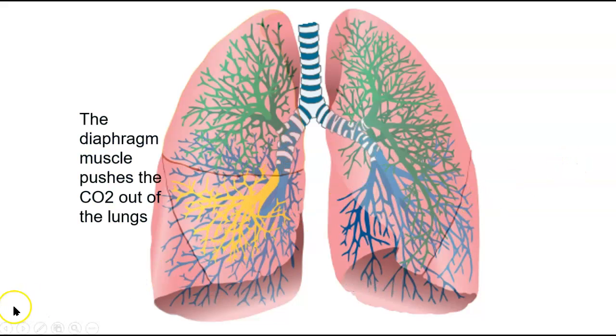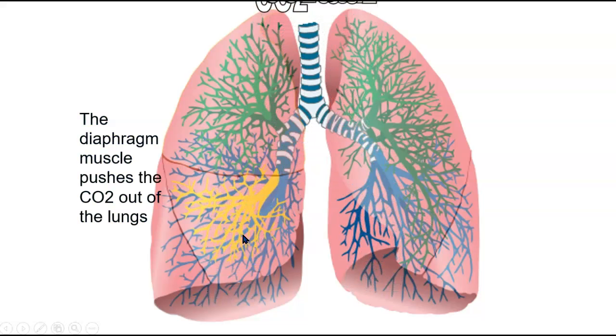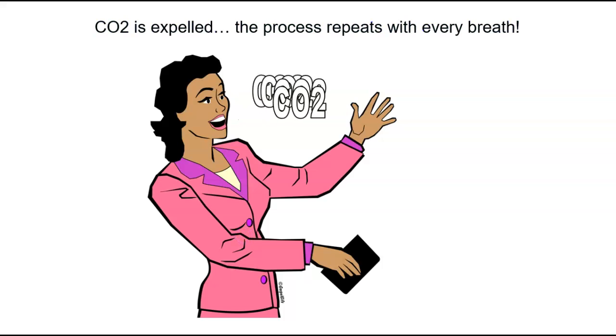Whoops, sorry about that. Went a little too fast. Goes out of the lungs, and she breathes that carbon dioxide out into the air. This is a process that is constantly happening in your body all the time.